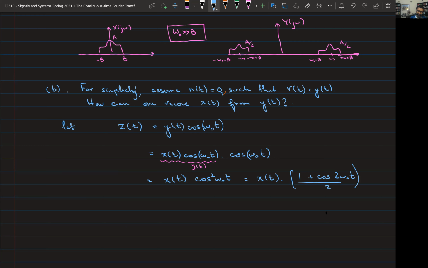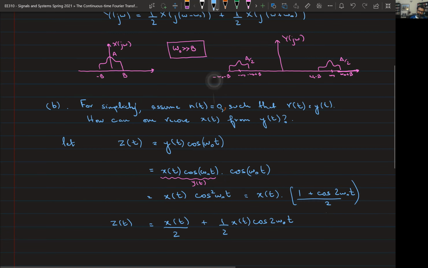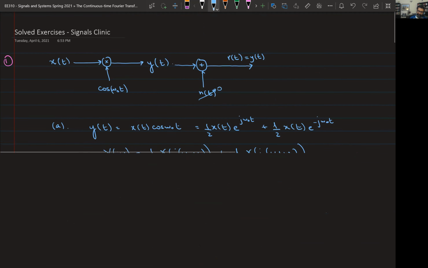And therefore, z of t turns out to be equal to, so I have been able to get x of t, albeit with the half attenuation by a factor of 2, and plus half x of t times cosine 2 omega naught t, right? So the z of t, I've learned here.